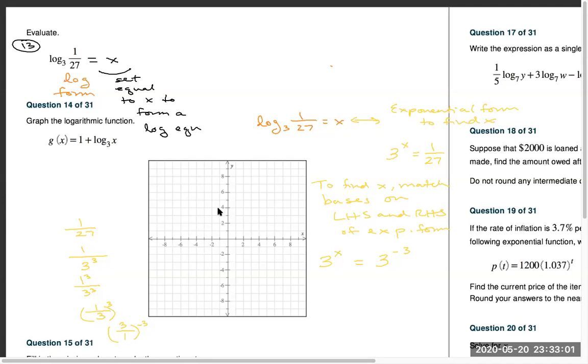Okay, now, because you have one-to-one functions here, for your exponential form, as long as your bases match, you just need to match the exponents. If bases exactly match, then match exponents.